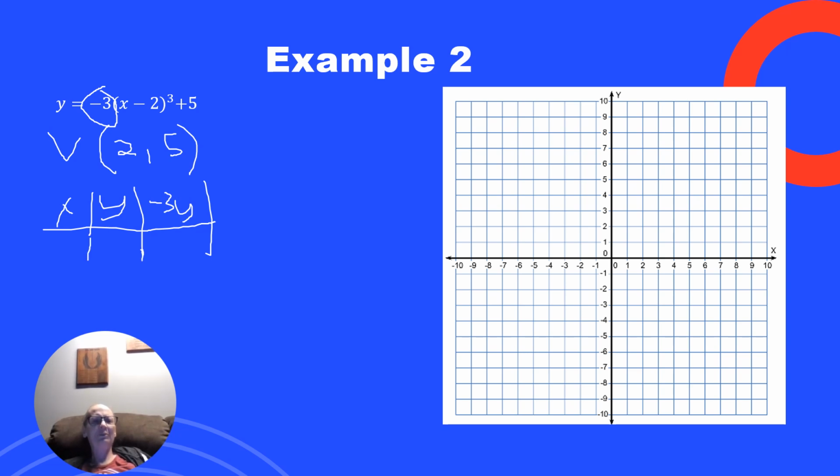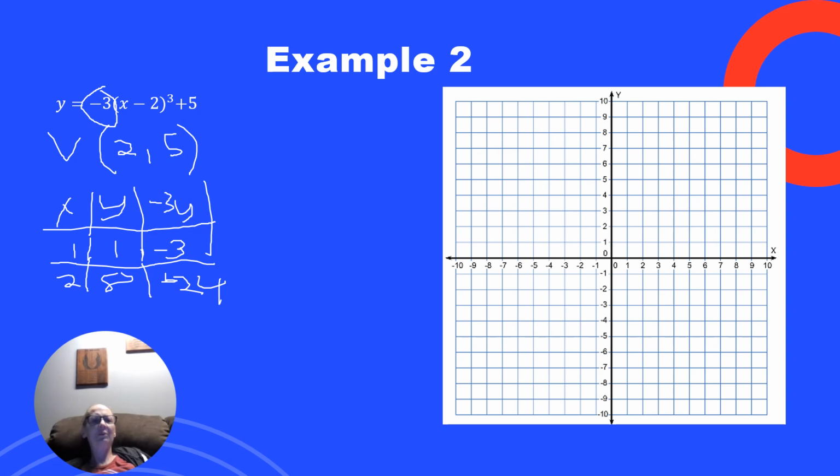So normally you'd have 1, 1 cubed is 1, and negative 3 times 1 would be negative 3. But if I go to the second value, 2 cubed is 8, and 8 times negative 3 is negative 24.